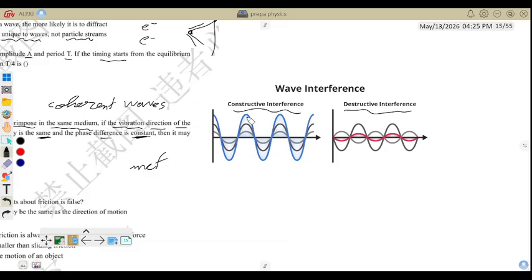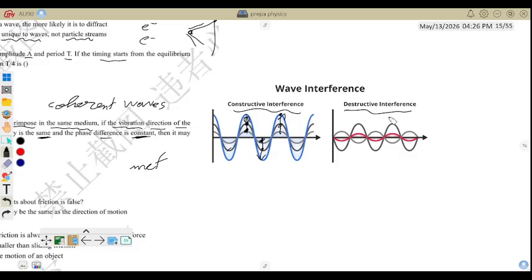We do have two types of interference: constructive and destructive. If they are in phase, that means the maximum of the first wave meets the maximum of the second one, and they would be adding up. This one added to this one gives the clear blue here. The same here, this one plus this one will give this large one.